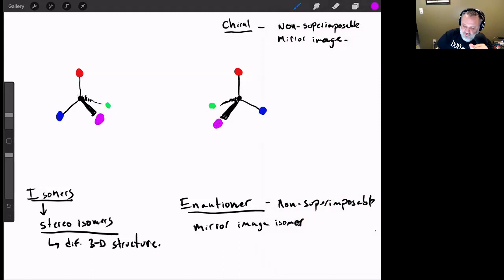There's nothing that you can do with A to rotate it in such a way that it makes it look exactly like B. They actually are mirror images. There's my fake mirror. And they can't superimpose. And so these are enantiomers of each other.